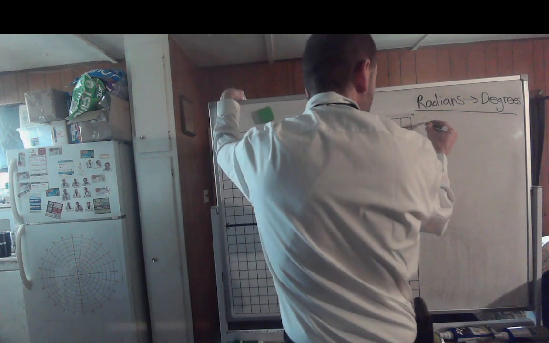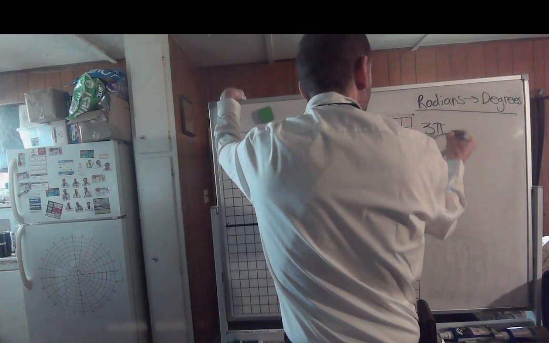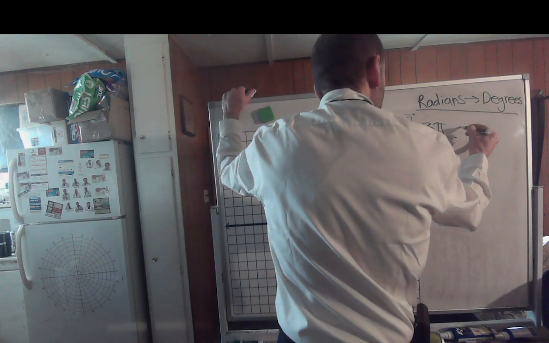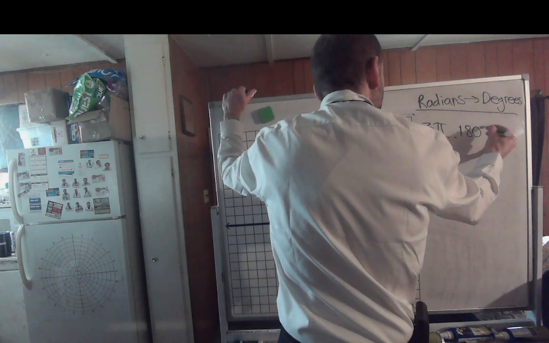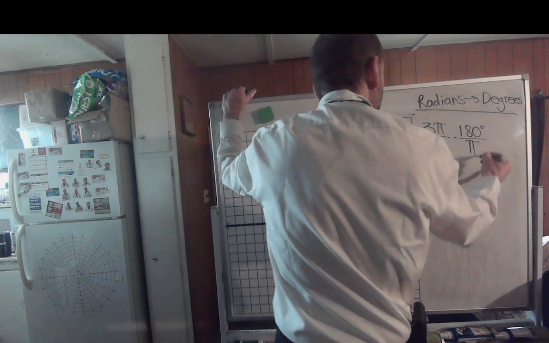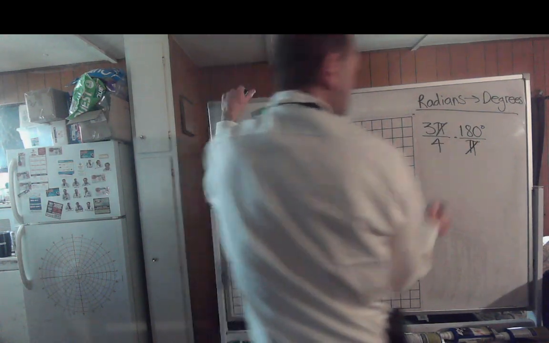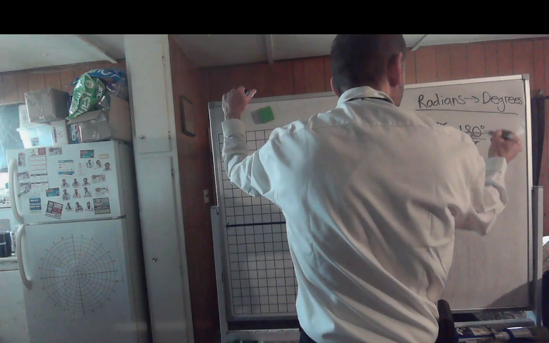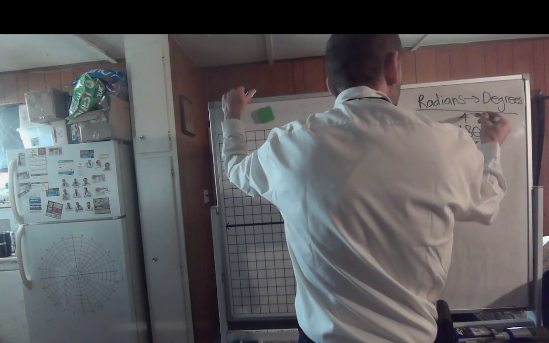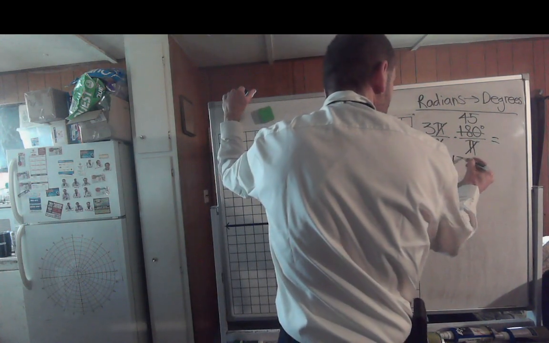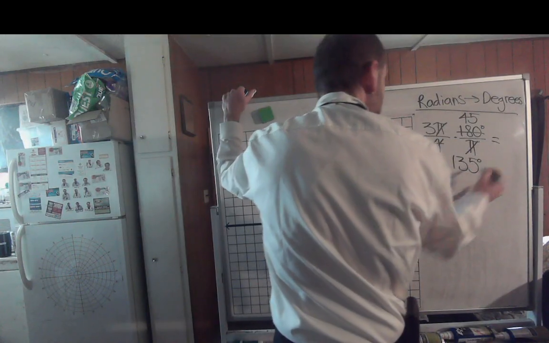What about, let's take 3 pi over 4. So you would take 3 pi over 4 times 180 degrees over pi. Well, your pi's for sure cancel out. 4 goes into 180 45 times, so you'd end up with 3 times 45, which would give you 135 degrees.